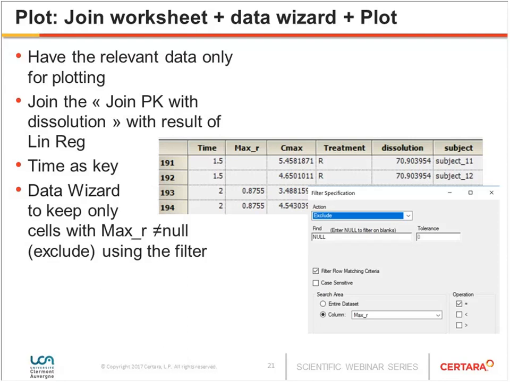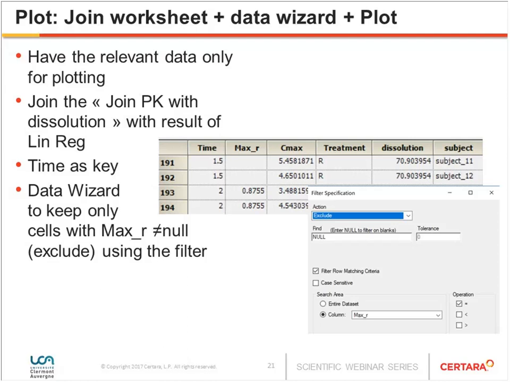So you will have a table in which you will have the time, the maximum R, which is the maximum coefficient of correlation, the Cmax, the treatment, the dissolution value, the subject value. You can see that when I join it, you have times in which maximum R is equal to nothing. That is when you don't have it, that means not the time at which you have the best correlation.